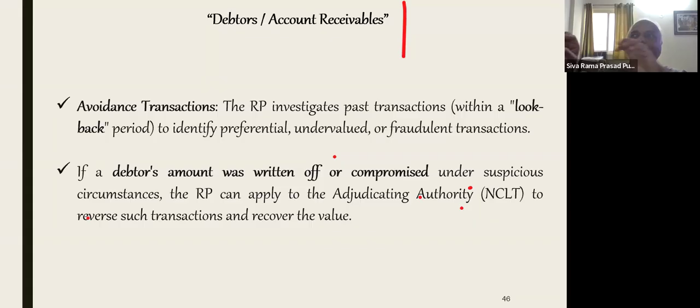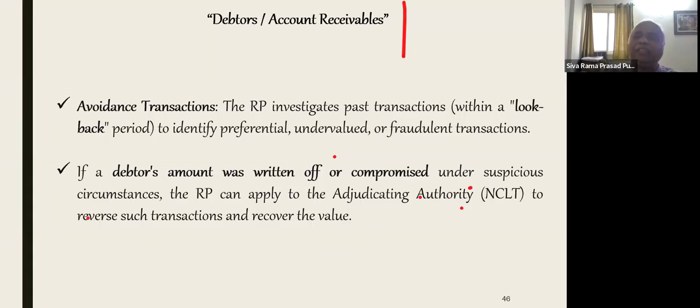Then the balance sheet reflects whatever outstandings are there. Whatever the look back period is, the forensic auditor has to verify the written-off and compromised settlements in the company in the last 1 year, or the look back period of 2 years.